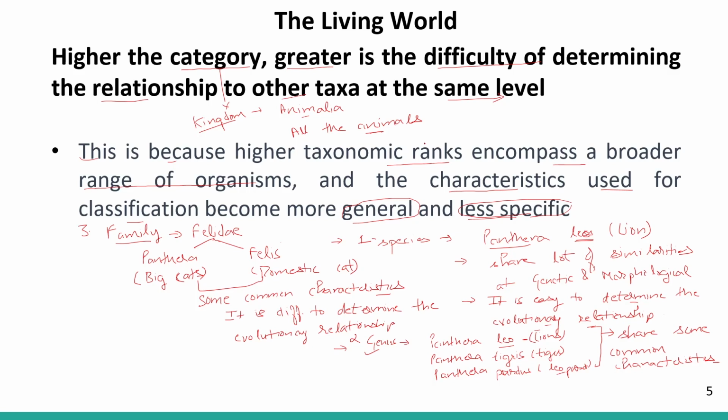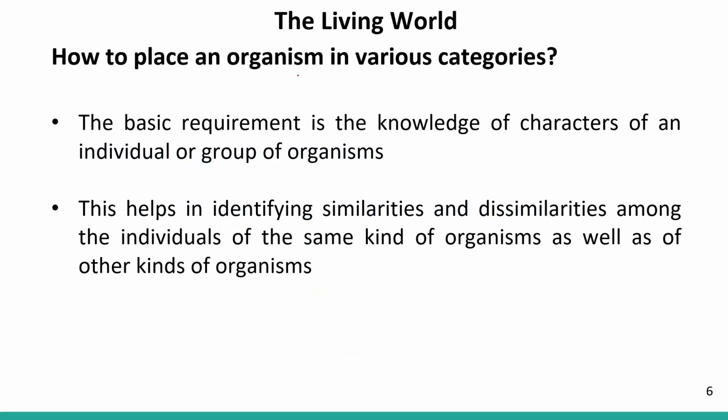Now let's move on to the other topic, which is how to place an organism in various categories. We know what taxonomic categories are now, but how do we place any living organism in various taxonomic categories? The first basic requirement is the knowledge of the characters of the individual or group of organisms.